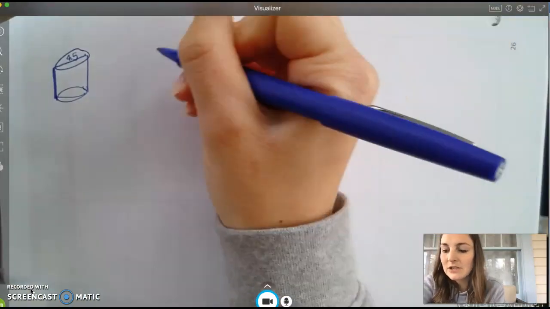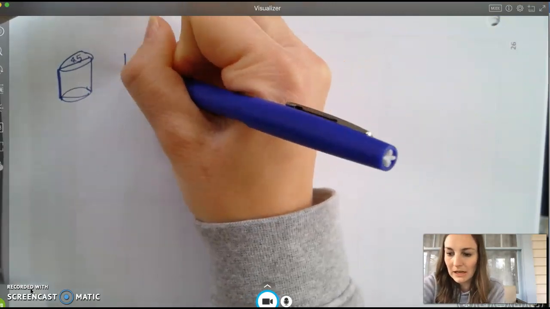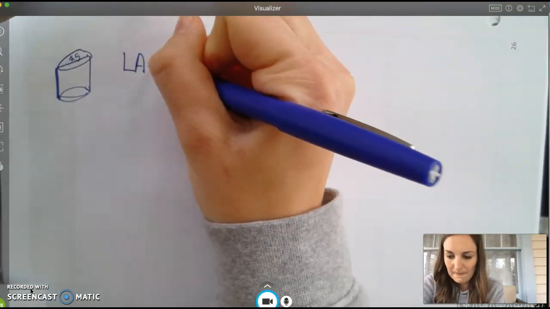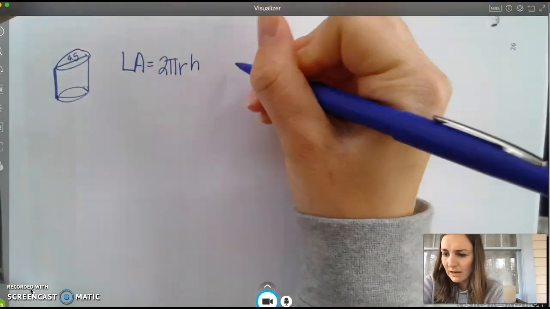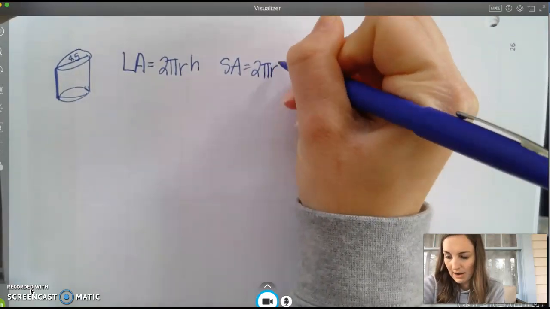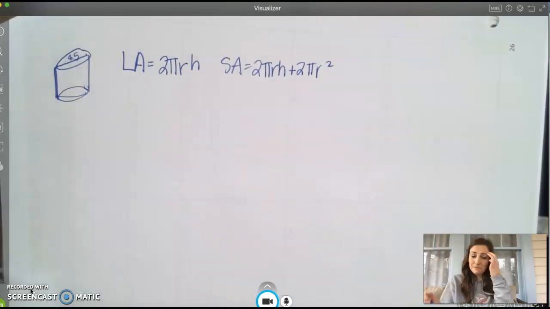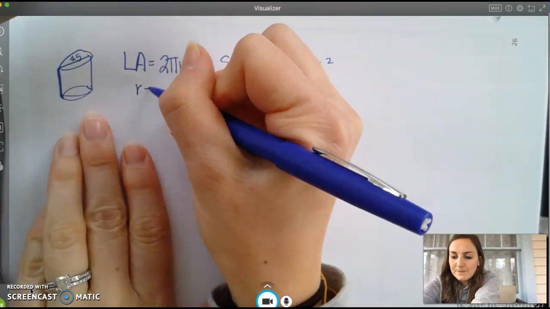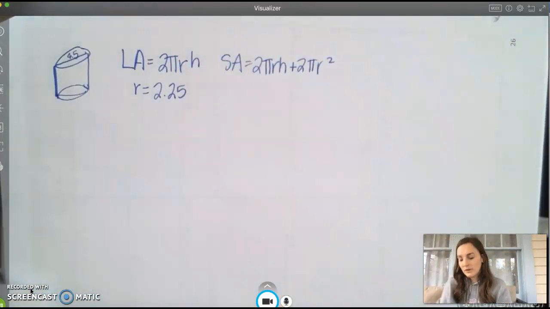And I need to actually find my radius though, because my actual formula is lateral area is 2 pi r h, and my surface area is 2 pi r h plus 2 pi r squared. So I have no diameter there. I need to divide that in half. So my radius is 2.25. So there's my radius there.